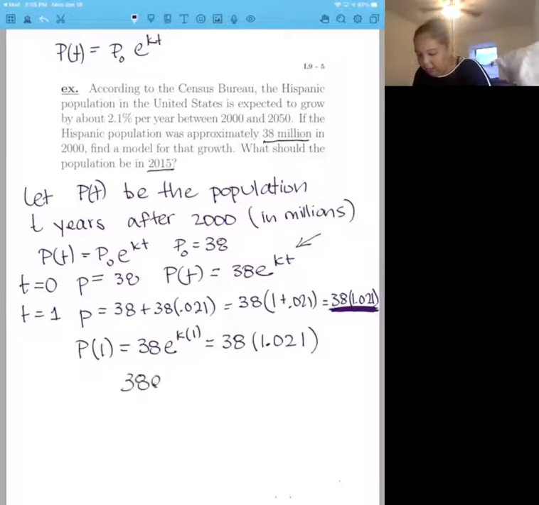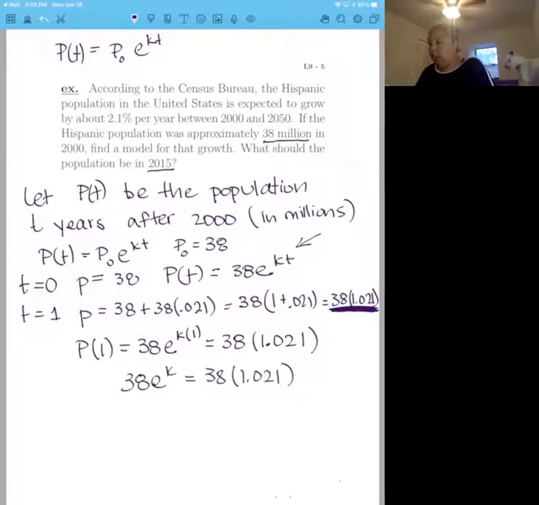So I have 38 e to the K, because K times 1 is just K, equals 38 times 1.021. All right, I'm going to divide both sides by 38, and I'm going to get e to the K equals 1.021.